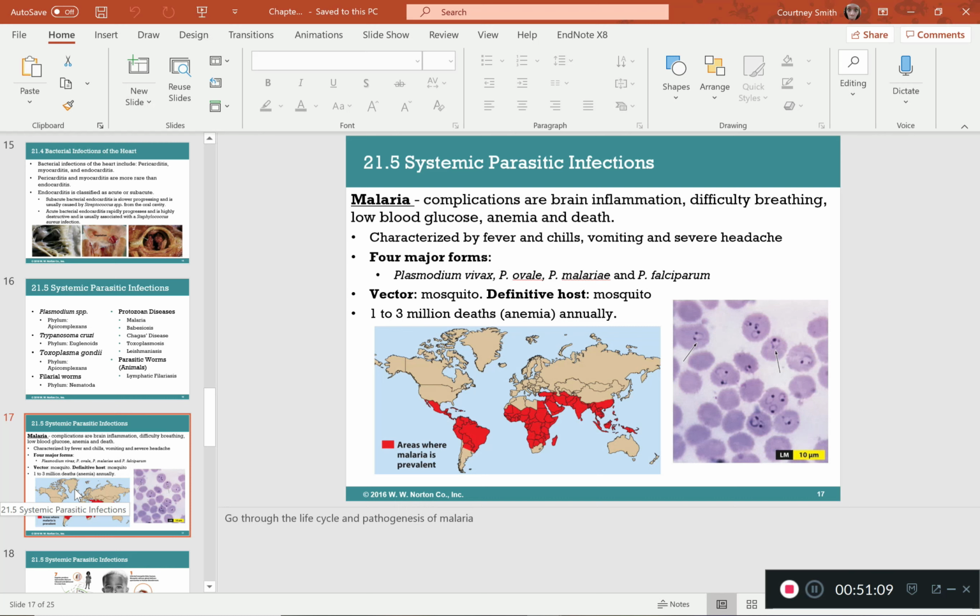So it's more around the South America, Africa, and South Asia region. So malaria is transmitted through mosquito bites. And then what will happen is that if you do become infected with malaria, your brain will start inflaming. You'll have difficulty breathing, you'll have anemia, and then you can die from malaria if it does continue.